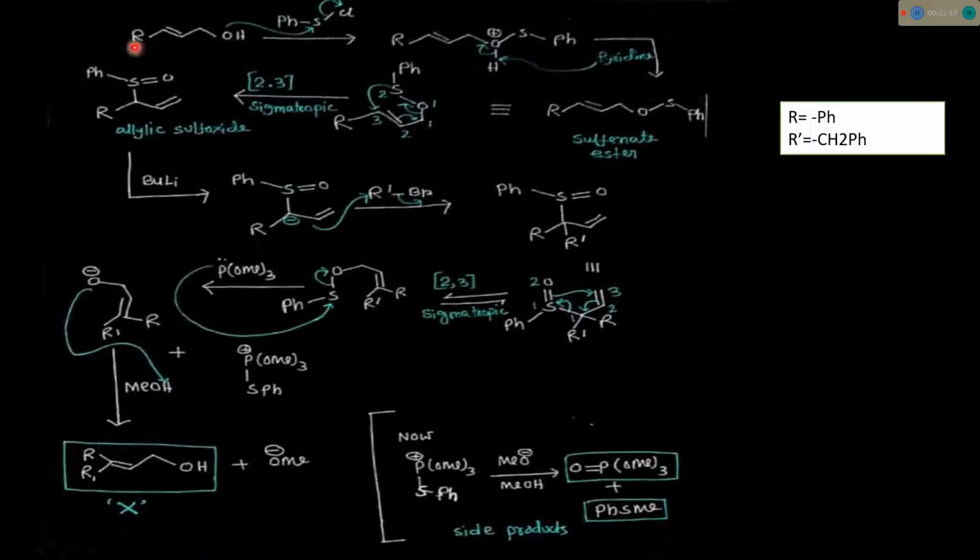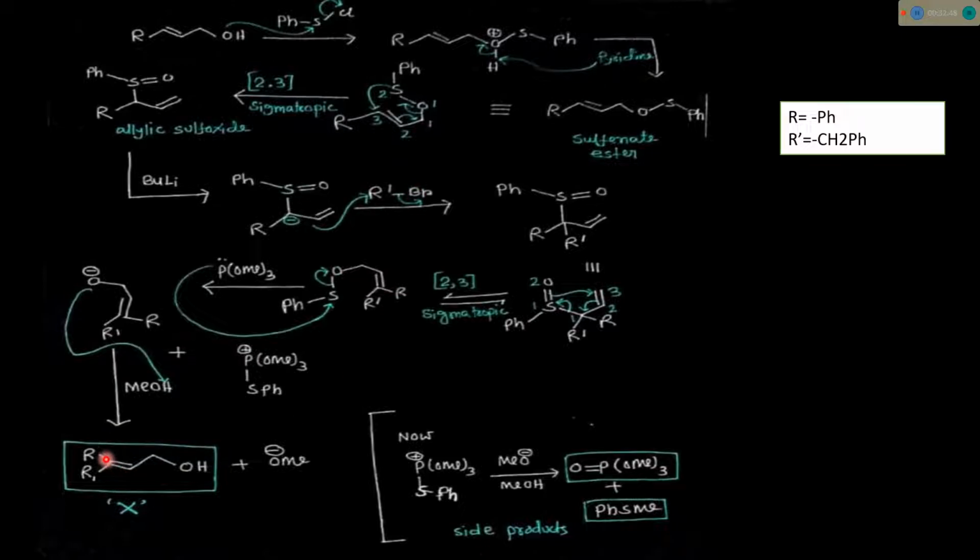So see, in the starting material the allylic alcohol is there, with only one substituent on this terminal double bond. Now after all these reactions, the 2,3-sigmatropic rearrangement, deprotonation, then again base, again attacking of that electrophile like PhCH2Br, benzyl bromide.